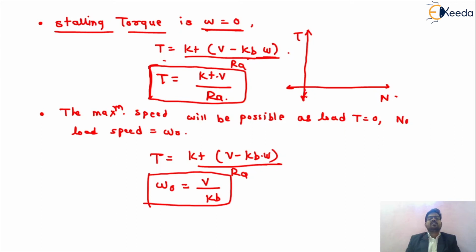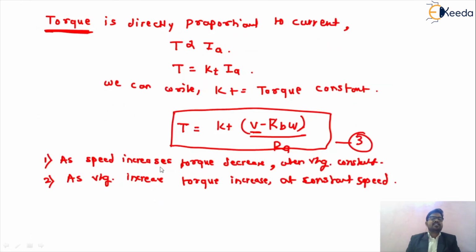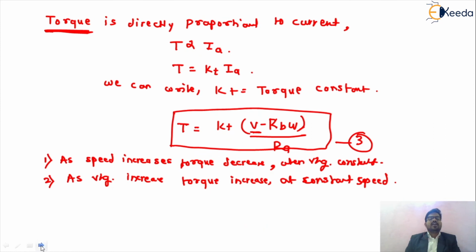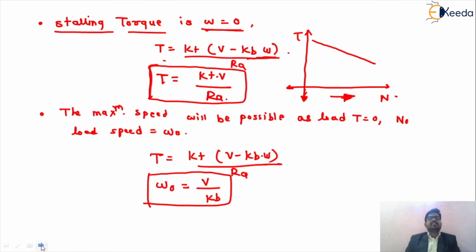While we increase the speed, the torque decreases linearly, a conclusion from equation one: as speed increases, torque decreases. This is the concept we want to understand while getting the torque-speed characteristics of the BLDC motor.